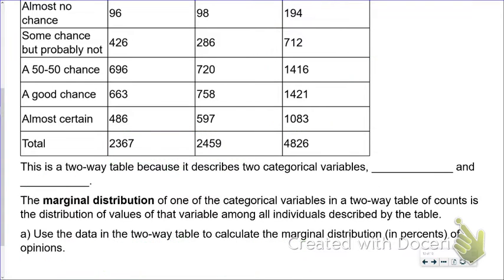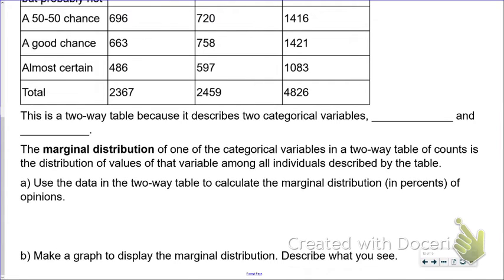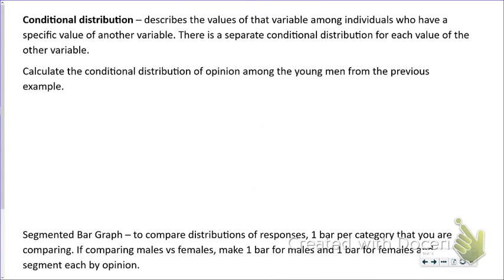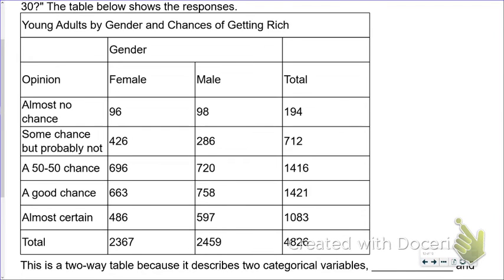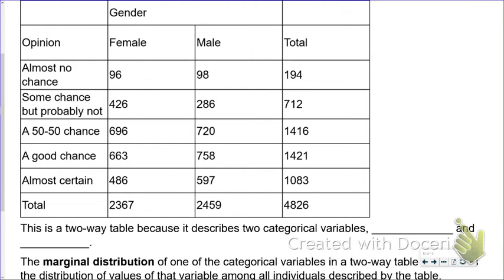Down below this, it asks you to make a bar chart, but we've done that before, so we're going to skip that and move on to conditional. So calculate the conditional distribution of opinion among the young men from the previous example. So up here it defines conditional. That's where a value depends on one category of another variable. So for example, let's look at the conditional for males.